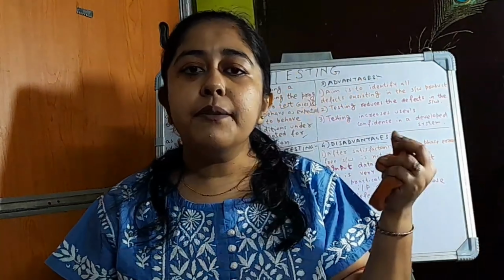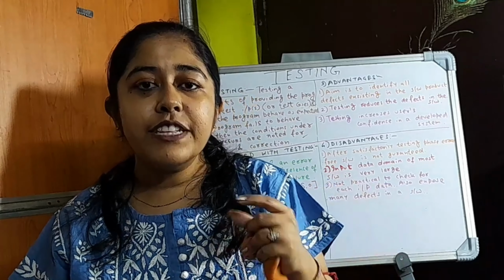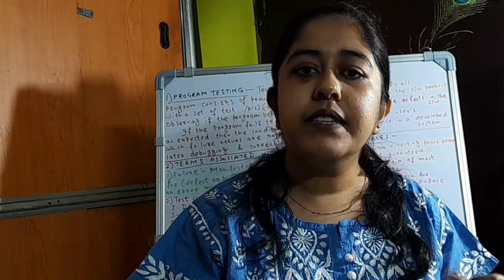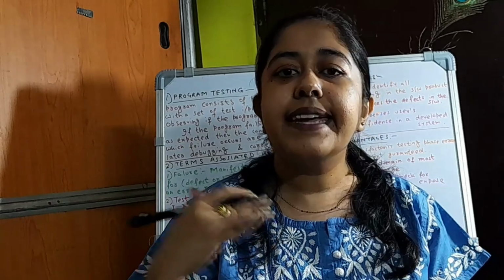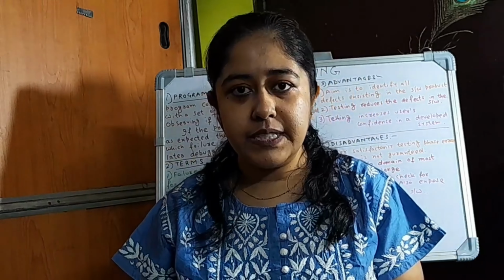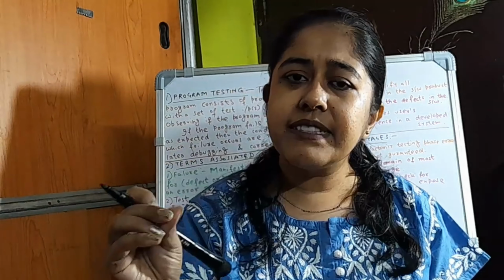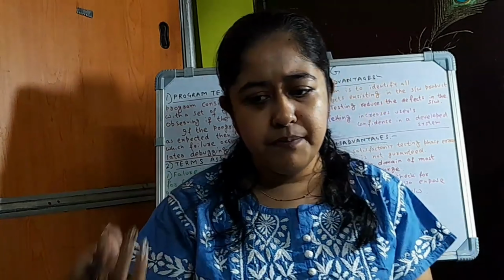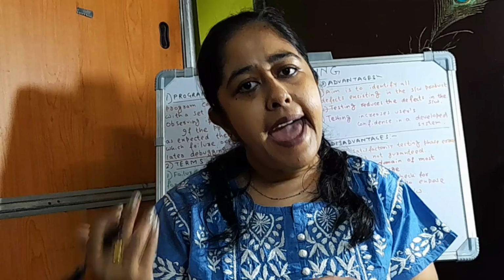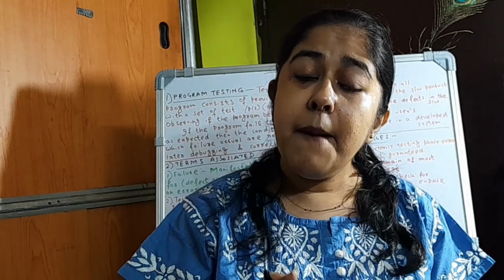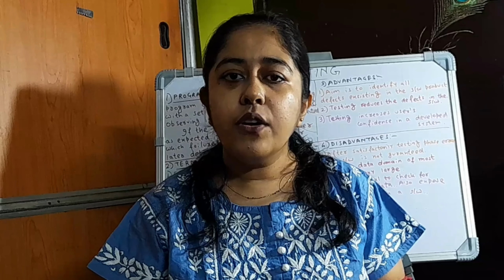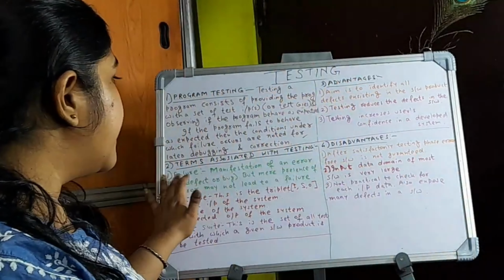Some errors can make the system not work as expected, but the whole failure of the system will not be given. Okay, so this is what is happening in failure.